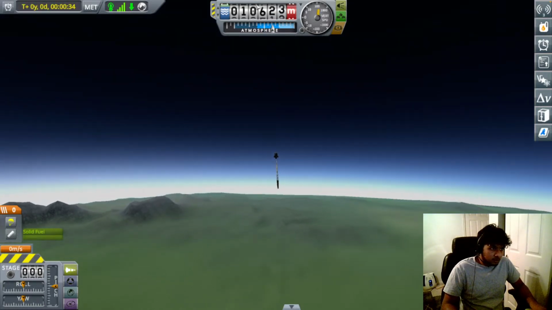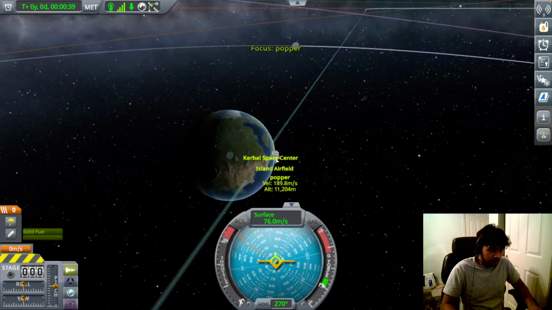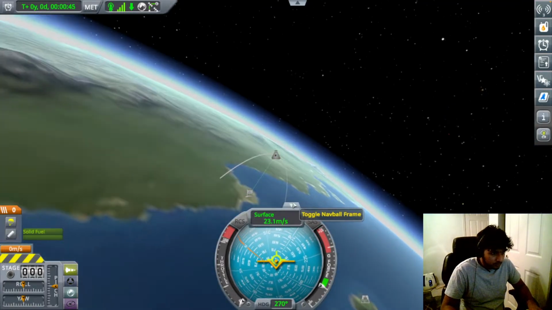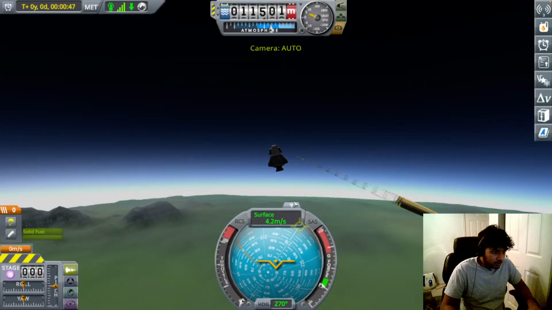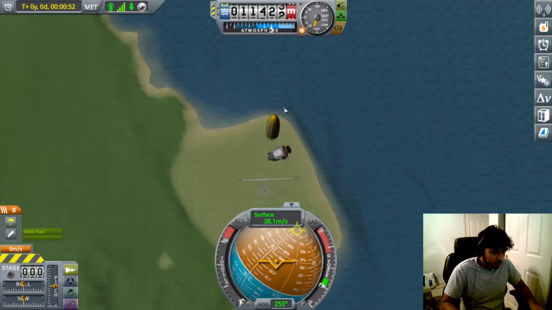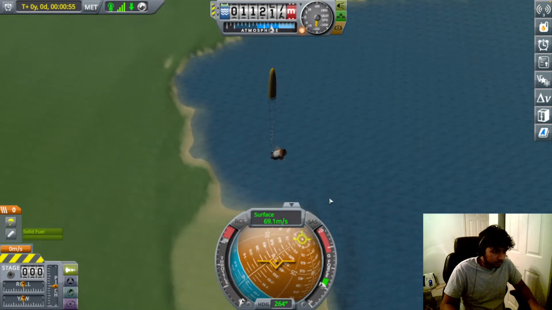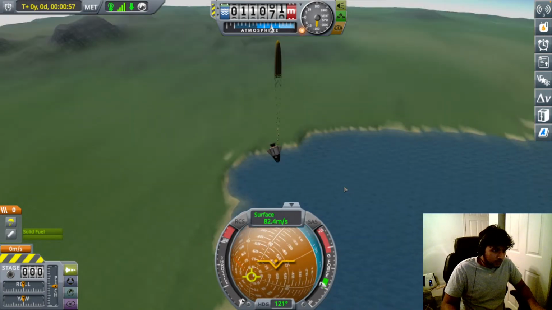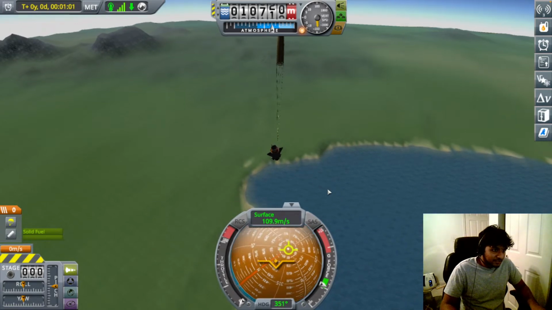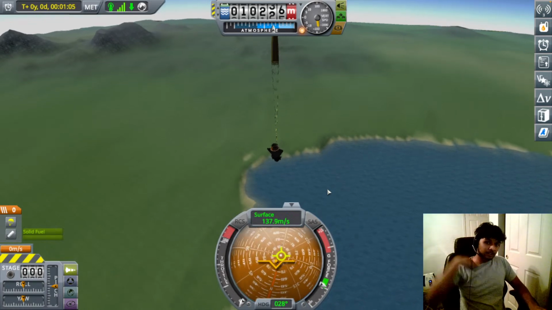Ooh, we are about 10,000 feet above the lunar surface. We're hitting our apoapsis about now. Just hit it. Now we're plummeting straight down. Well, our first launch of the Popper, I would say it was a success.